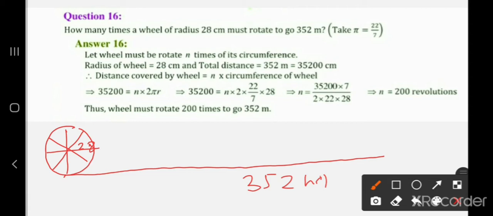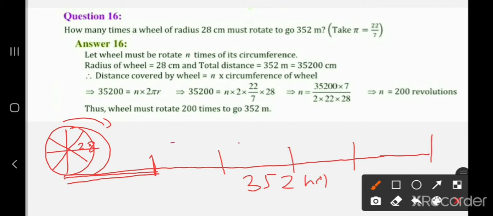So if the wheel is rotating once, it will reach somewhere here. So what is that distance? From here to here, when the wheel rotates once, this distance will be the circumference of the circle, right? We don't know how many times the wheel should move so that it covers 352 meter. So let the wheel be rotated n times.